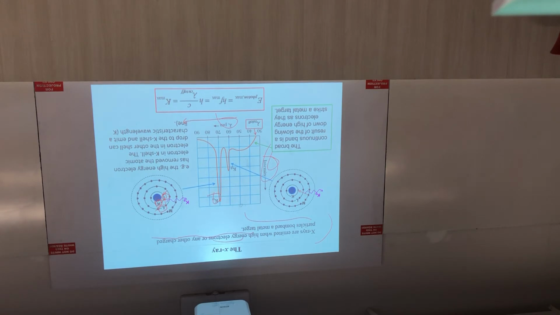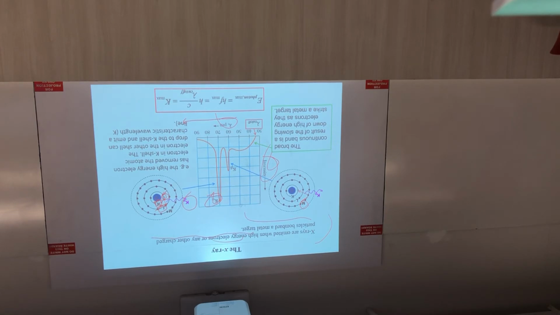So, when we have this transition from the L shell to this vacancy in the K shell, this will generate the K alpha line, which is also shown in this diagram, right? And then, of course, as you can imagine, this vacancy can be filled by the electron from the M shell, which is a higher level, alright?